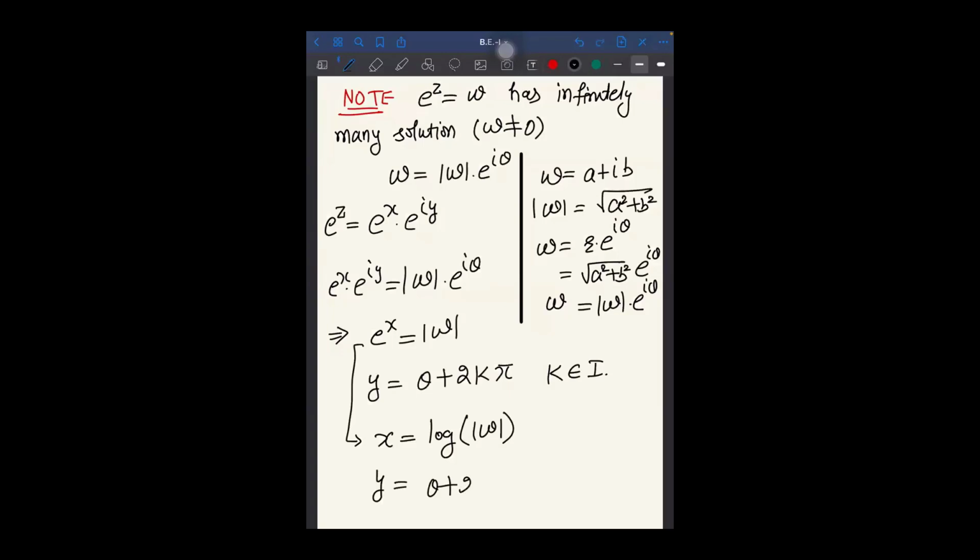So that means it contains infinitely many solutions. We were solving for x and y. We want the values of x and y. So this k assures that you have infinitely many solutions. Yes, are you with me on this?